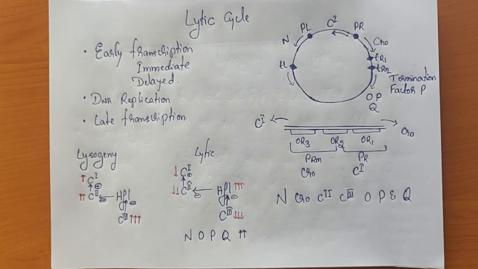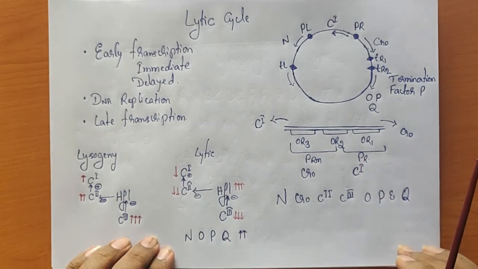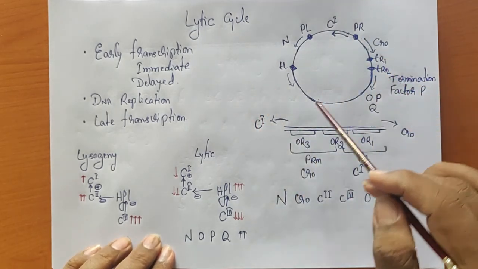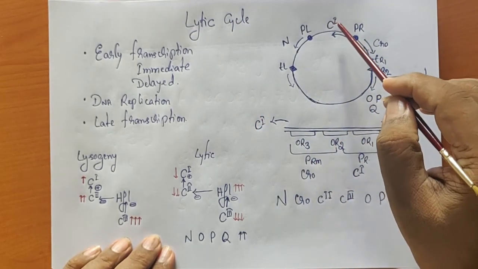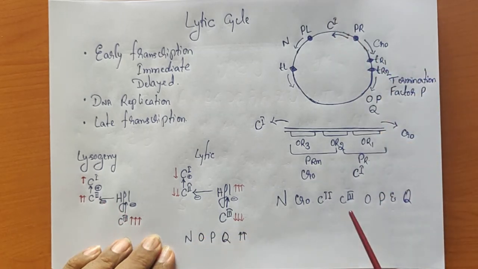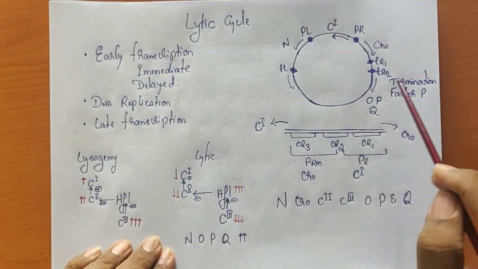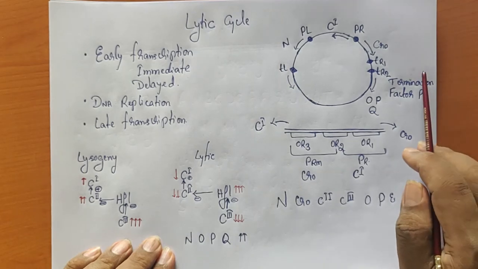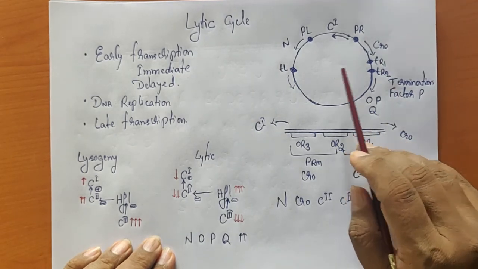So now I would like you to understand, especially in this particular video, that it looks very complex, but we do have a lot of regulatory elements. I think you should know the importance of C1, then the importance of C2, C3, then the host protease HFL, then we have a termination factor P here, and these are the TR1, TR2 regions.